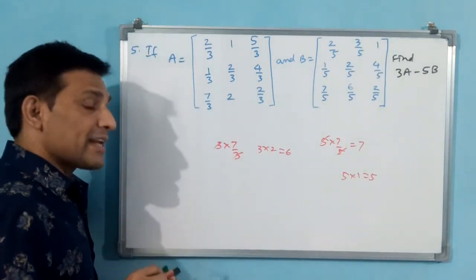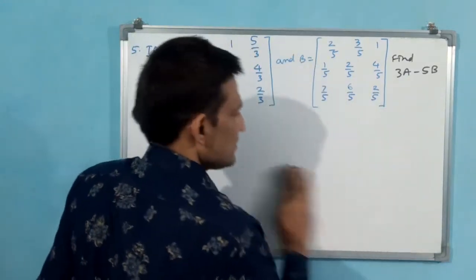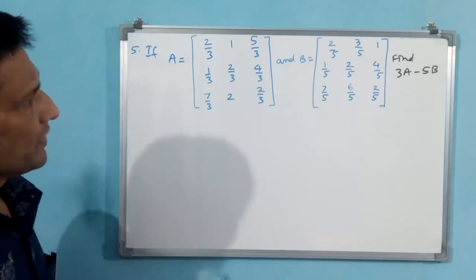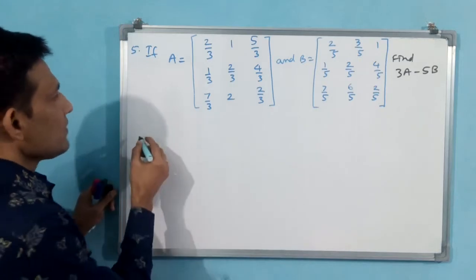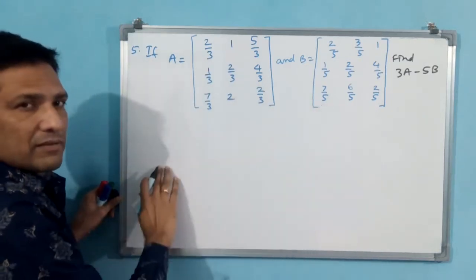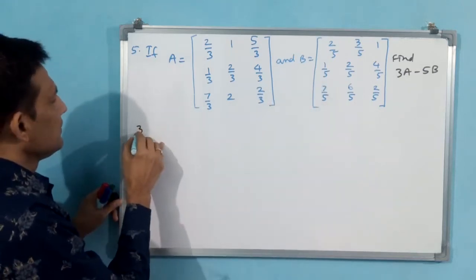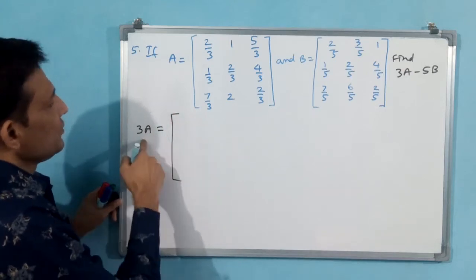Okay. Then finally you have to do minus subtraction. Let us do. Not that much easy, not that much tough. Easy only. Now see again we need not write this much bigger one 2 times. Directly I will write 3A is equal to, okay, 3A.